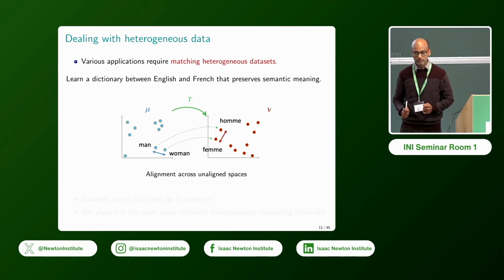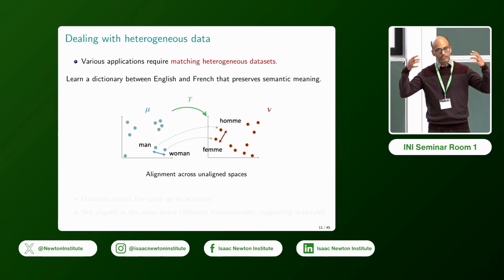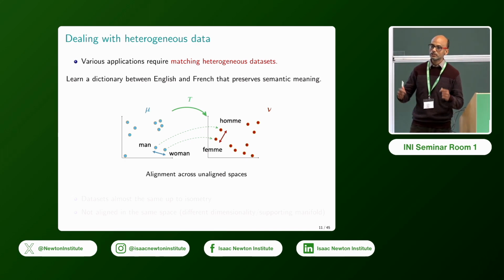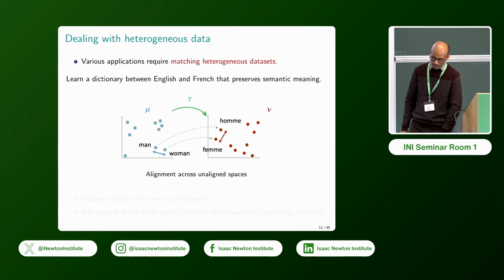So maybe I have a distribution on R^d1 and a distribution on R^d2. How do you measure the similarity or dissimilarity between these distributions? If I'm using Wasserstein distance, the distributions must be defined on the same space. Now if the distributions are defined on different spaces, how do we measure the similarity or dissimilarity between them? So that's the question.